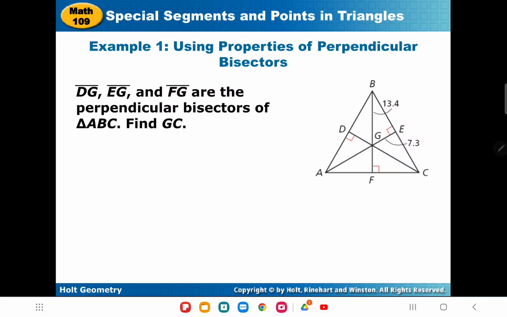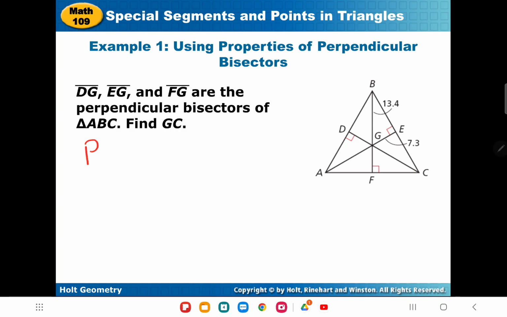So in this diagram, we are given three segments that are the perpendicular bisectors of triangle ABC, and we're asked to find the length of the segment GC. Something to remember about perpendicular bisectors is that they intersect at the circumcenter of the triangle, and that circumcenter is equidistant from all the vertices of the triangle.